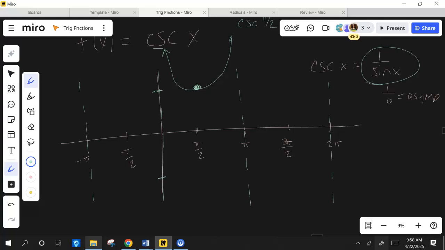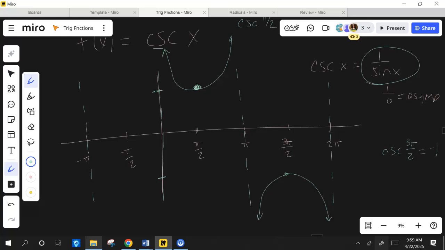Now go to 3 pi over 2, which is halfway between these two asymptotes. It's negative 1. The cosecant of 3 pi over 2 is negative 1. So it's here, like an upside down parabola.